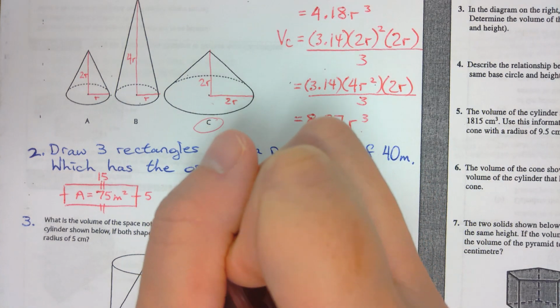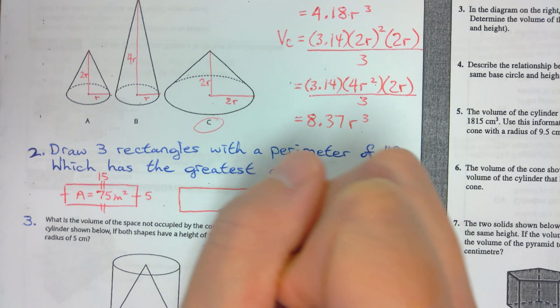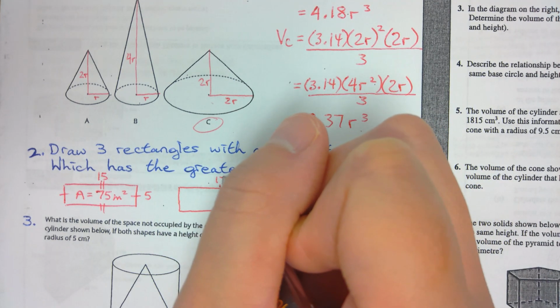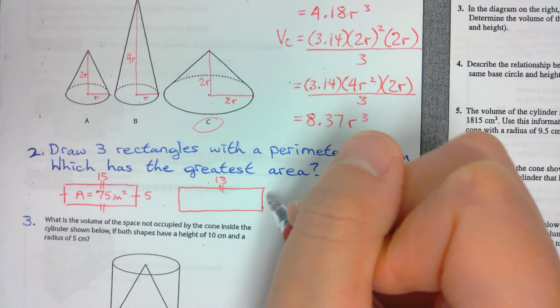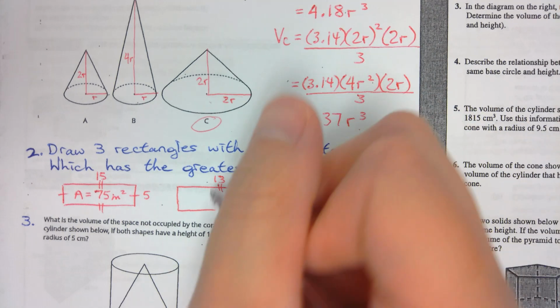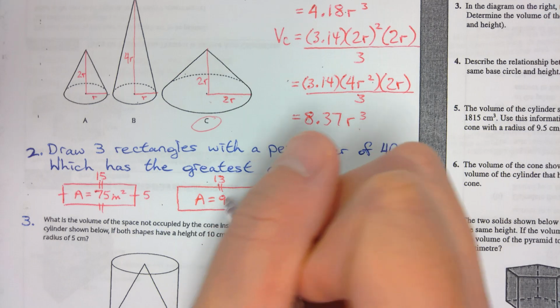Good. There's tons. So 13 by 7. 13 plus 7 plus 13 plus 7. What's the area of this one? 13 times 7. Yep. 91.